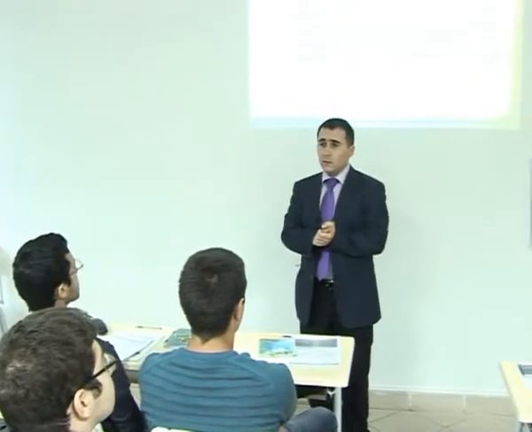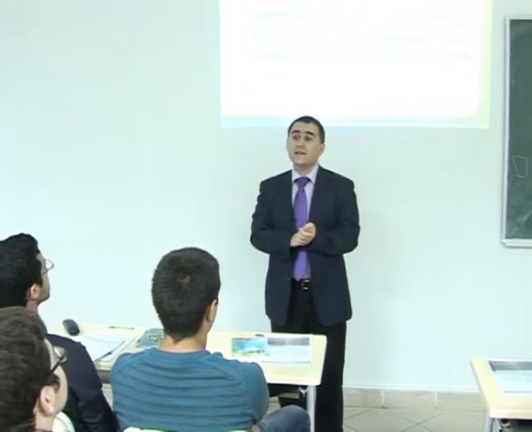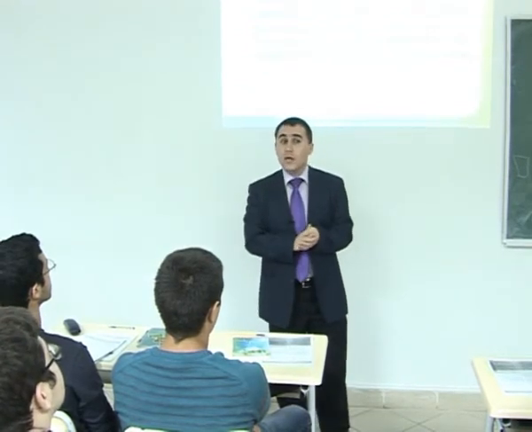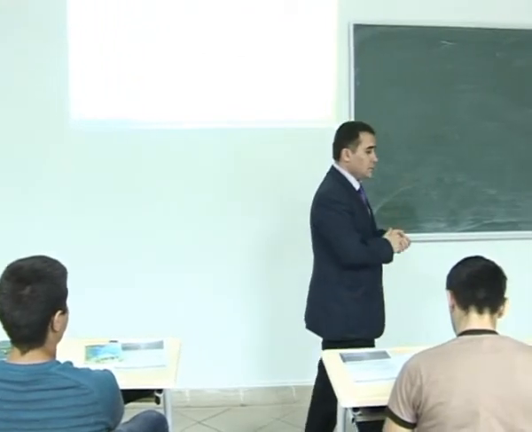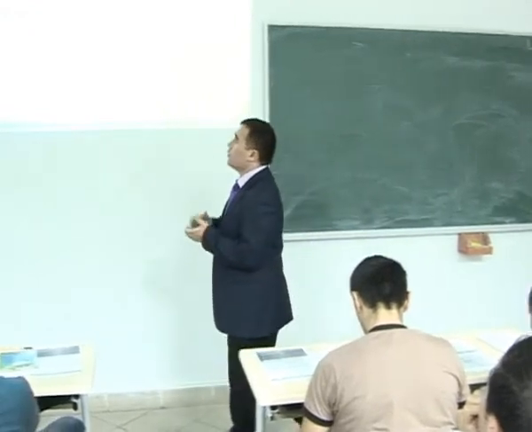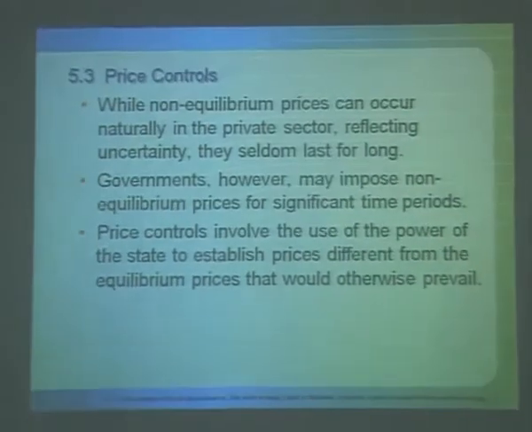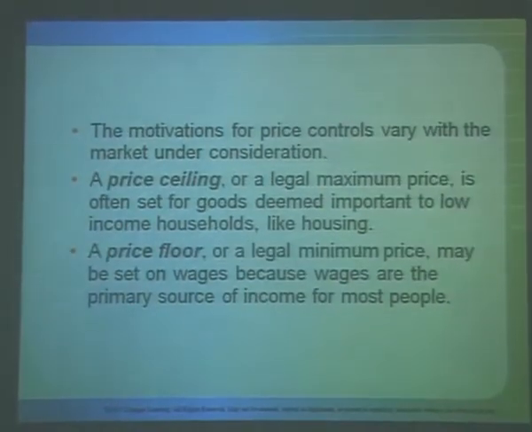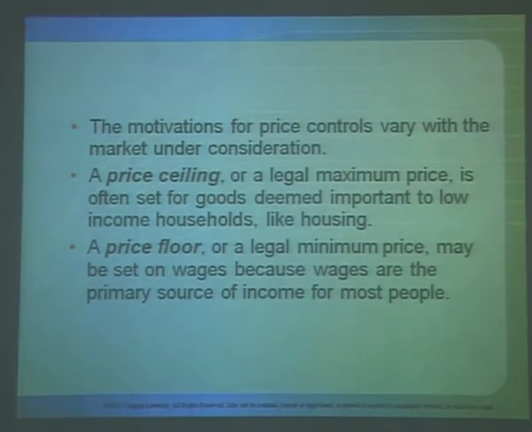Because most probably the market equilibrium price is not desirable, and maybe there are some problems with market prices. Let's go with price controls, and we have two kinds: one is the price ceiling, the other is the price floor.